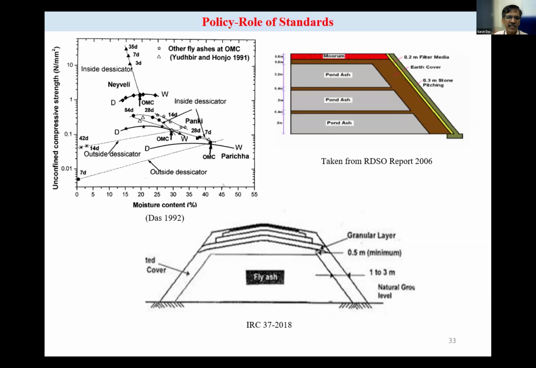So for this reason, people were not immediately accepting its use in embankment and so on. But when the Indian Roads Congress gave a prescription that you have to cover it with excavated natural soil or granular soil, then the railway also, in its design standard, proposed that if you have got pond ash, then cover it with earth cover and murrum. So now it is being used as pavement material.